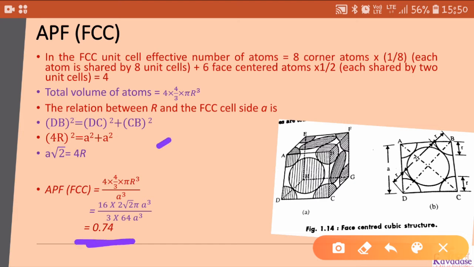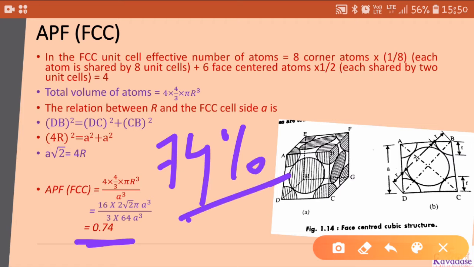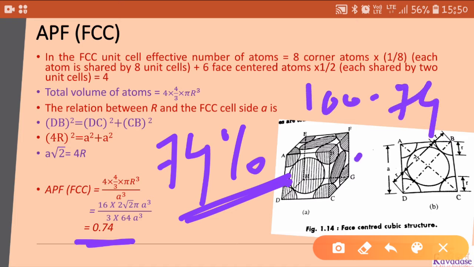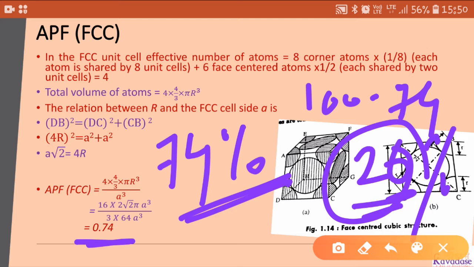Okay, means 74% of space is occupied by these atoms, means 100 minus 74, how much is left? 26.